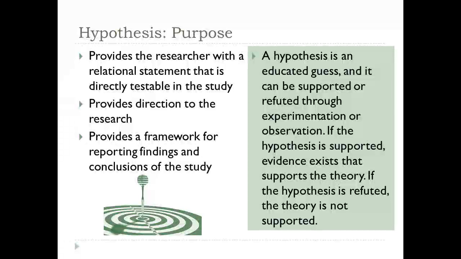If a hypothesis is refuted, then the theory is not supported. If there is no relationship between those two variables, then our hypothesis is not supported and the theory is not supported in the K-12 environment.